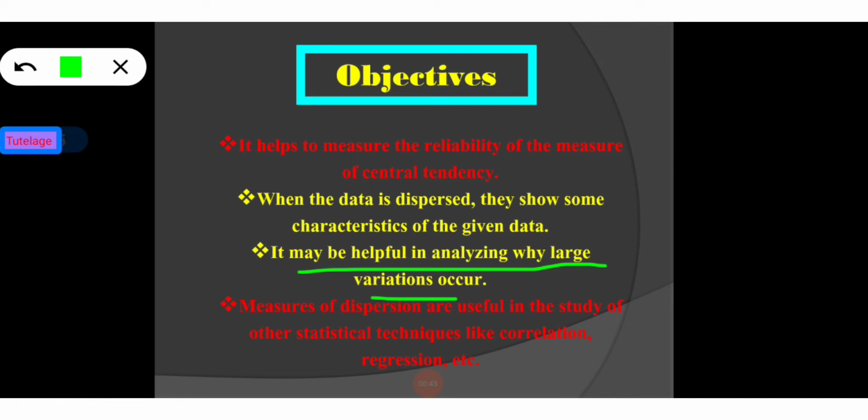Now move on to the next one. Measures of dispersion are useful in the study of other statistical techniques like correlation, regression, etc. So measures of dispersion are related to the measures of central tendency, and are also useful in the study of other statistical techniques, that is correlation, regression, etc. And for a comparison of the data from different samples, whether from different places or different time periods, a comparison on the basis of the averages or measures of central tendency is not enough.